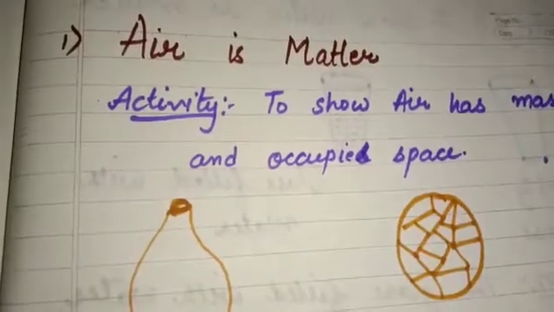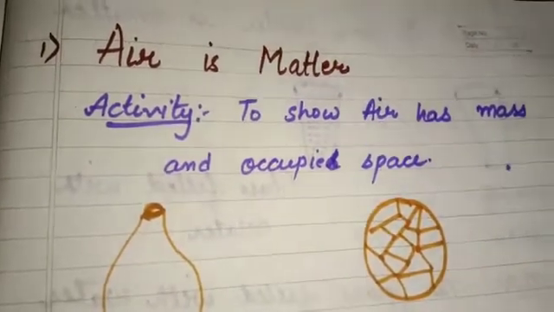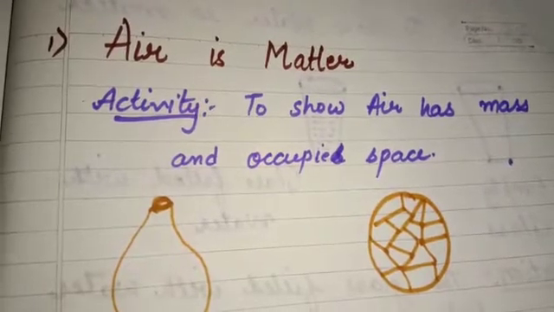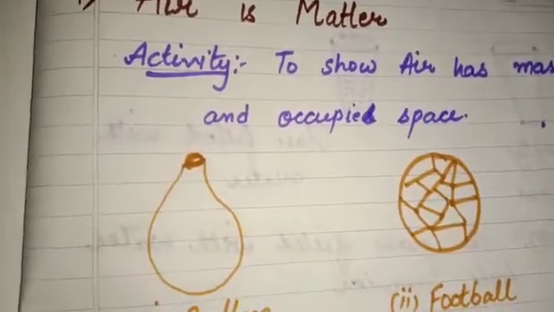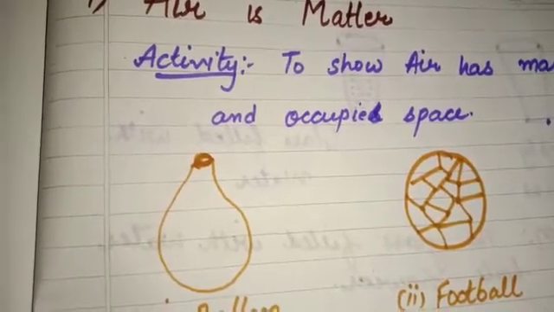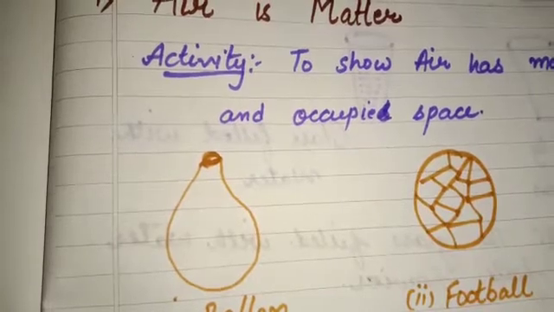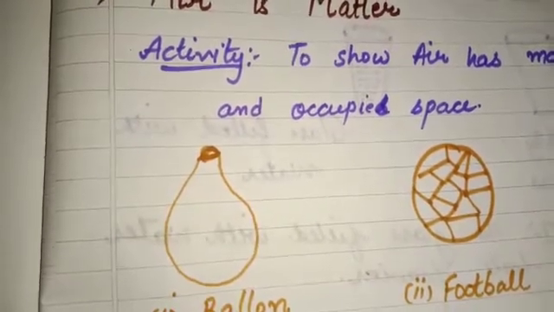Now our next topic is based on an activity. The activity is to show air has mass and it occupies space. For this, take a balloon and a football. Now fill air in the balloon and the football. Now take a weighing machine.